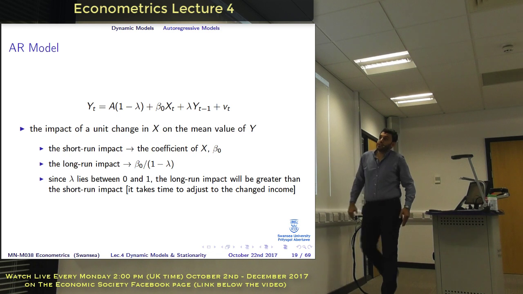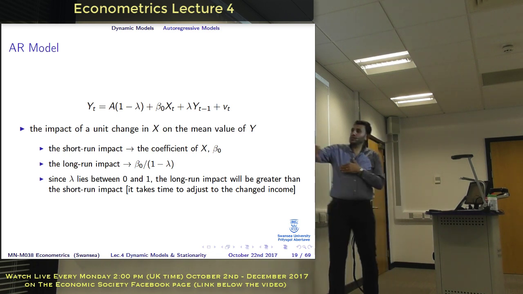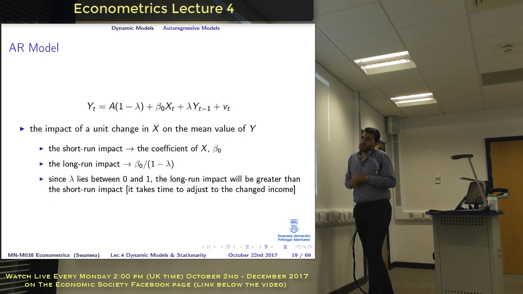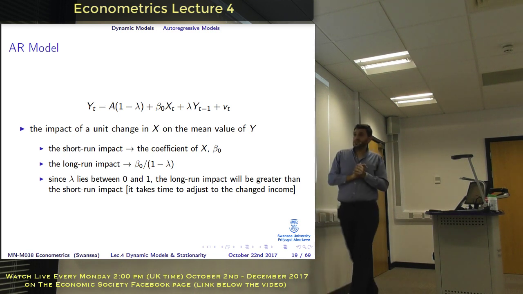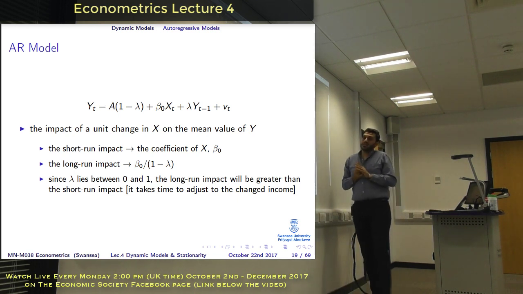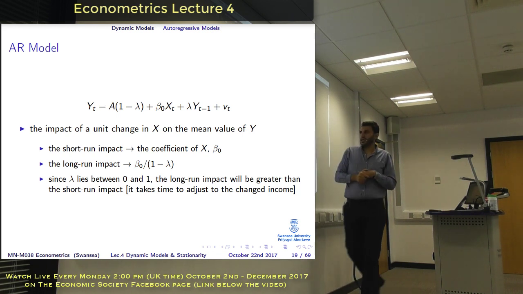The impact of a unit change in x on the mean value of y has, again, the short run impact, which is the coefficient of income in time t, beta 0, and the long run impact, which is obtained by dividing beta 0 by 1 minus lambda.